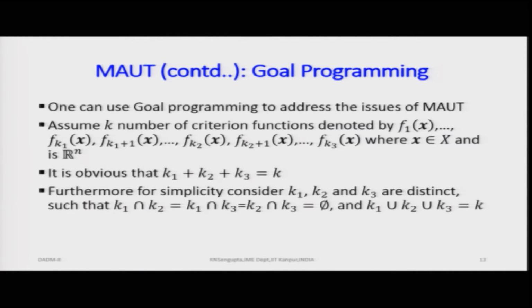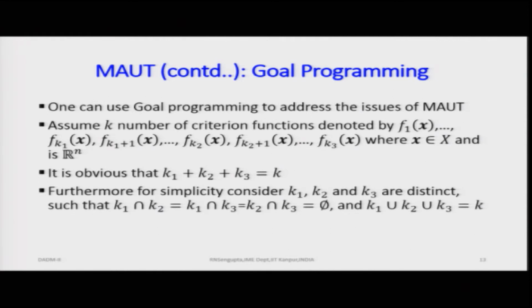Let us consider it this way: assume k criteria functions are denoted by f1 to fk, and you club them into different groups. So, you have f1 to fk1, then fk1 plus 1 to fk2. The whole set of k is being divided.